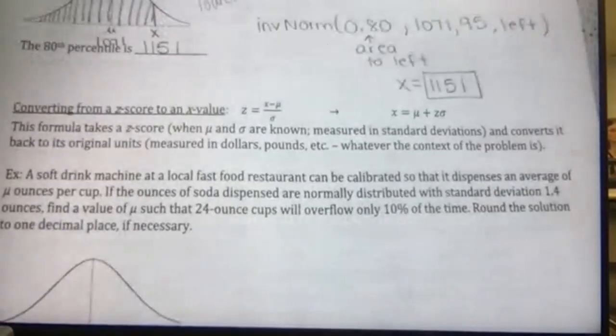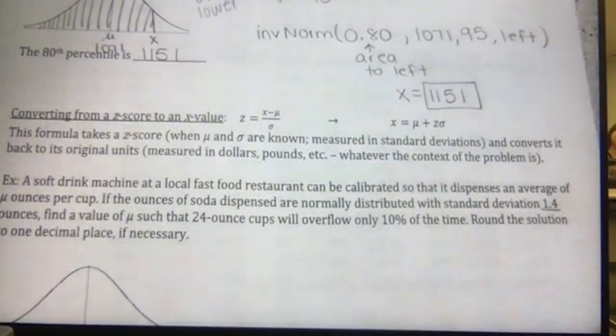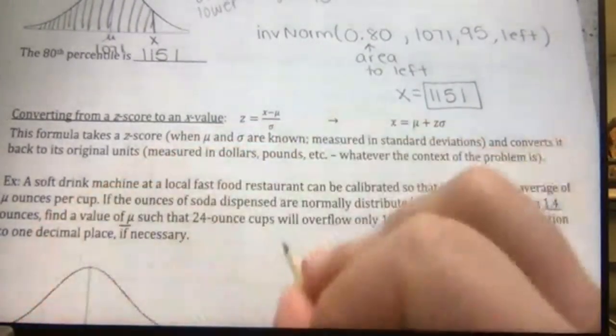A soft drink machine at a local fast food restaurant can be calibrated so it dispenses an average of mu ounces per cup. If the ounces of soda dispensed are normally distributed with a standard deviation of 1.4, find the value of mu. So we don't know mu, we're looking for mu.